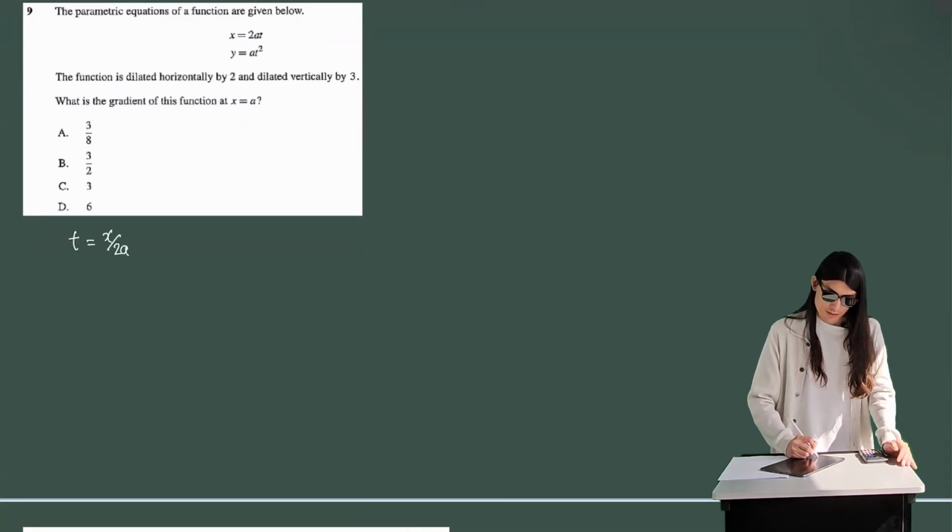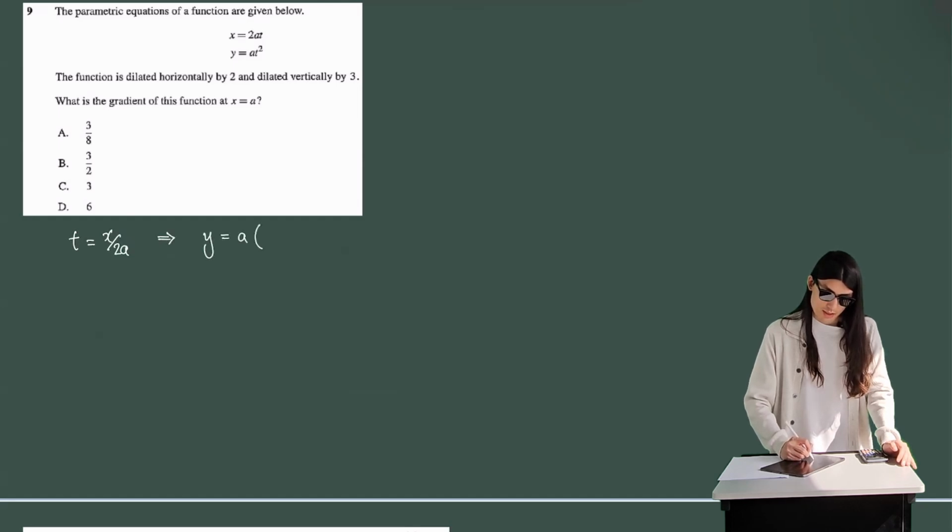So I make t the subject in the first parametric equation. t is equal to x over 2a. And then substitute that into the second parametric equation to eliminate t. And I get y is equal to a times x over 2a squared, which simplifies down to x squared over 4a.